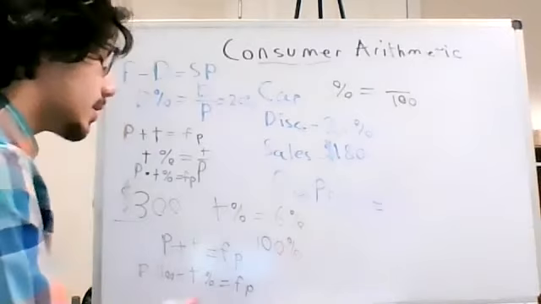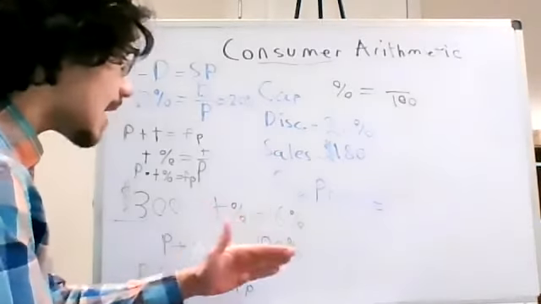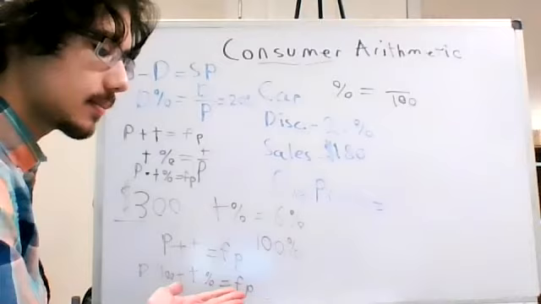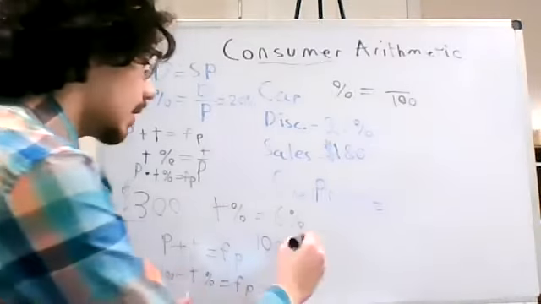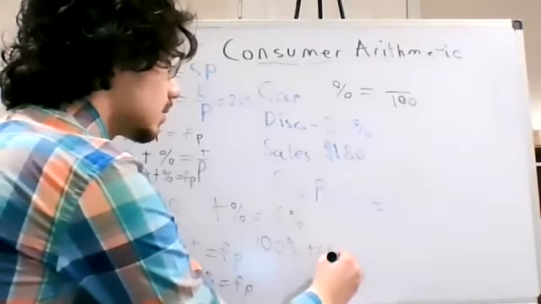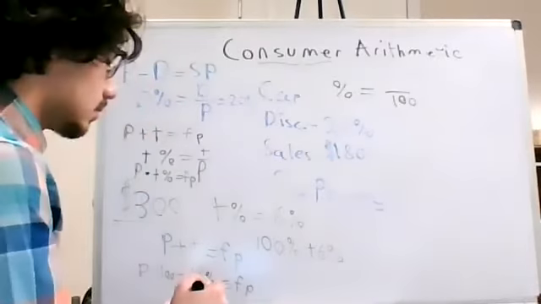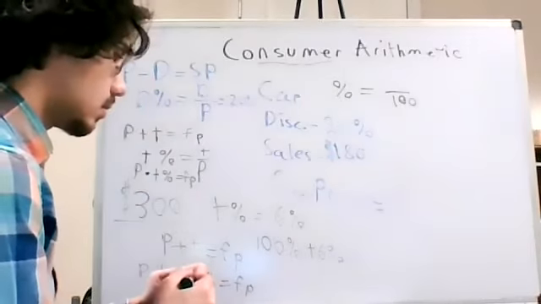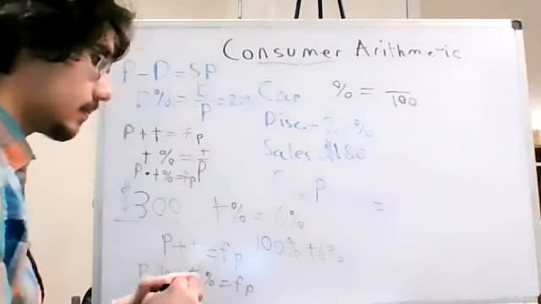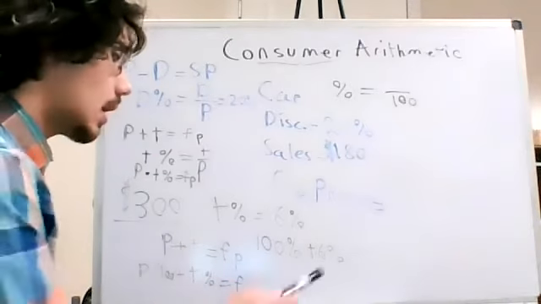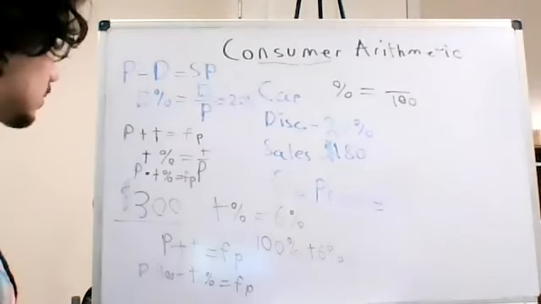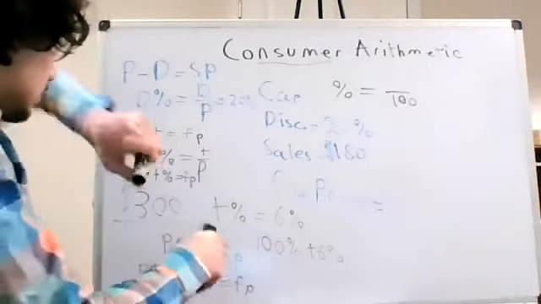And we want to add 6%, correct? Yes, sir. Okay, so if we add 6%, what will we get? 100% plus 6%. 106%.